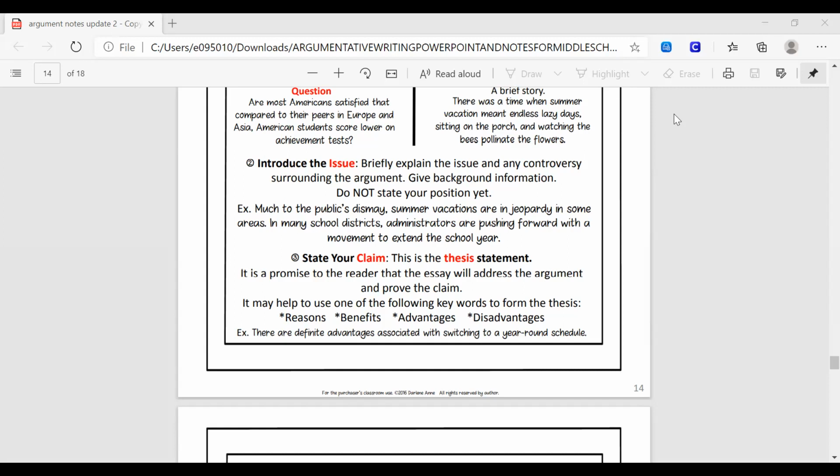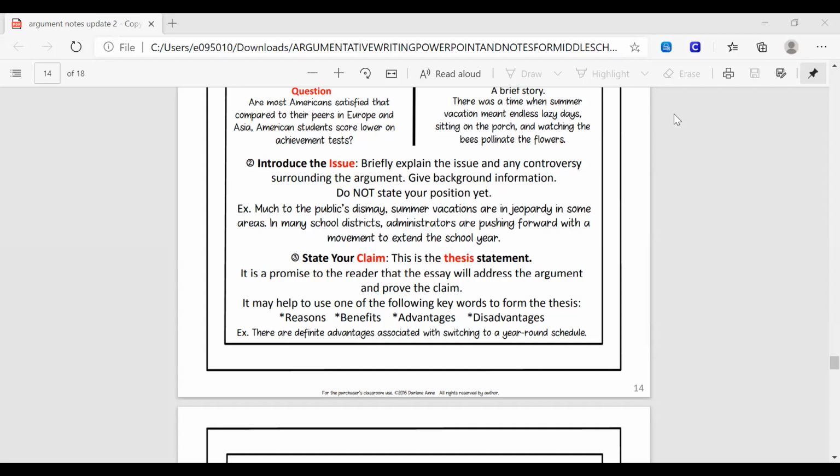In many school districts, administrators are pushing forward with a movement to extend the school year. It's telling us what the issue is, but it does not yet tell us which side our writer is on. It just lets us know that there is going to be some type of controversy, some type of back and forth conversation, a good discussion, a disagreement.